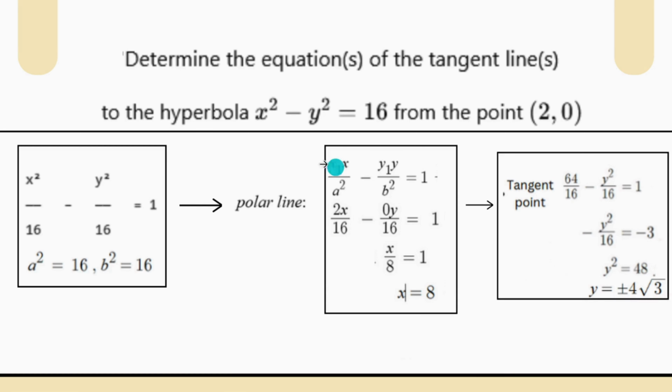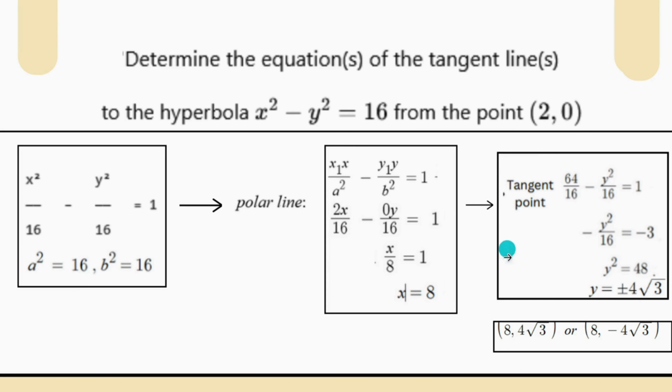Next, from the polar line equation, we can find the tangent points. To find the tangent points, we just need to substitute the equation of the polar line into the equation of the hyperbola. So 64 over 16 minus y squared over 16 equals 1, and so on, and we get y equals plus or minus 4 root 3.